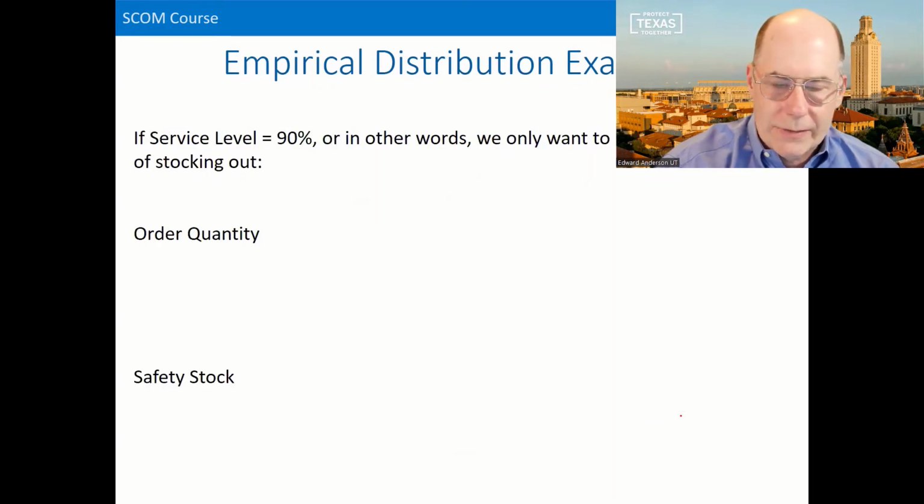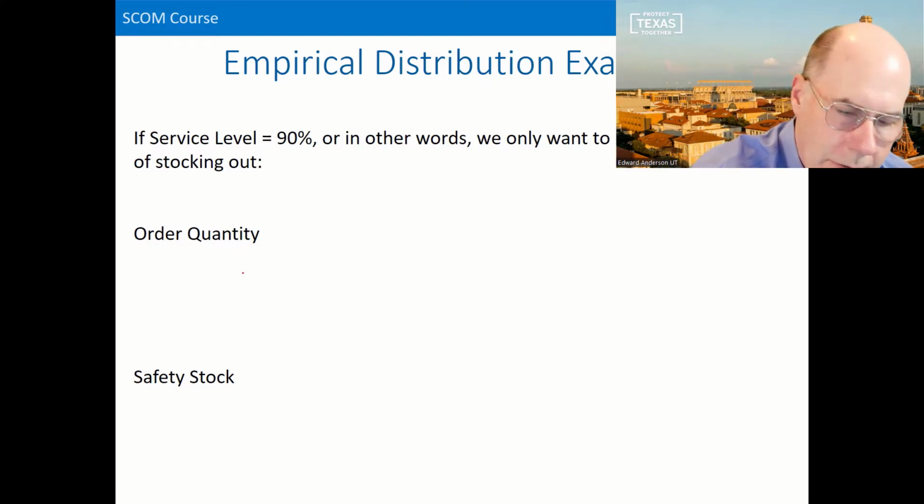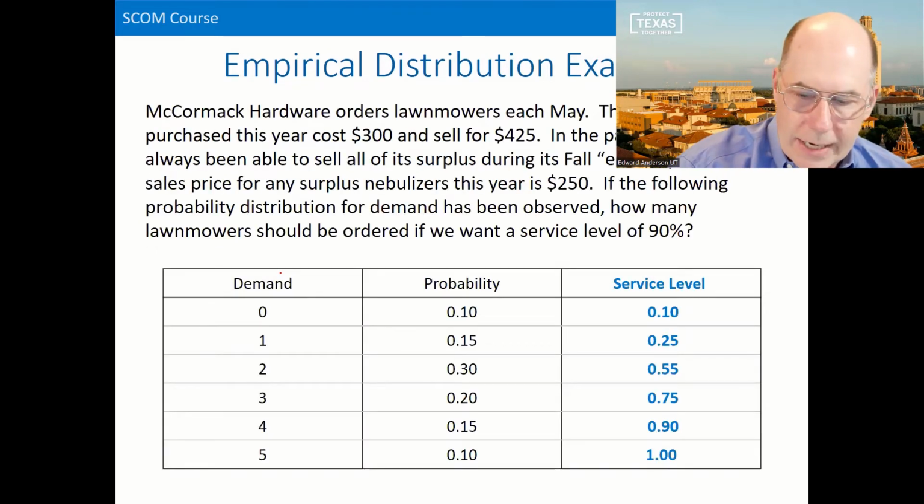So if our service level is 90%, which, as a reminder, means there's only a 10% probability of stocking out, how much do we want to order? What's our order quantity, our Q? Well, let's take a look. Let's go back here.